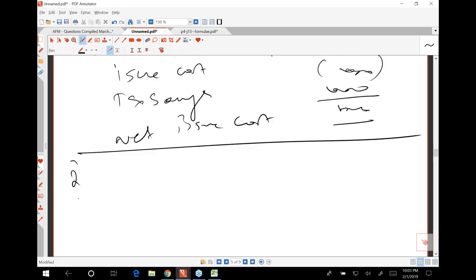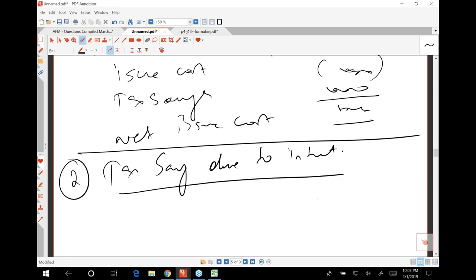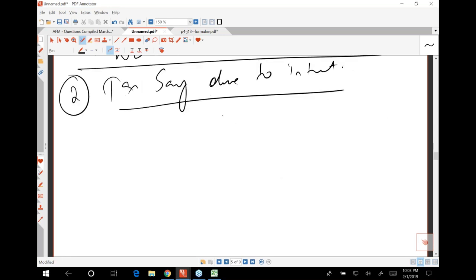Now, let's talk about the other one, which is the tax savings due to interest. Assume that you have taken a loan of, let's say, $100,000 at 10% for a period of 4 years.